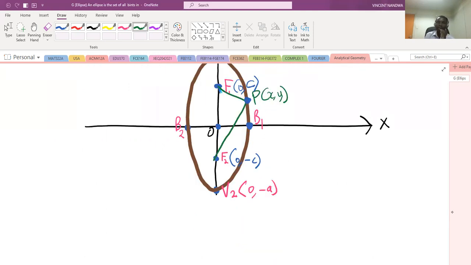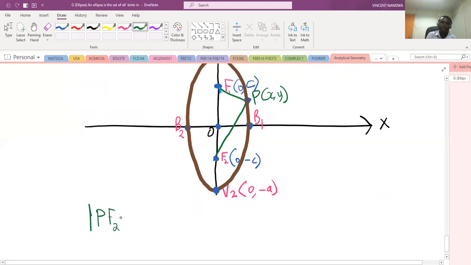From the definition of an ellipse, the ellipse is the set of all points in the plane such that the sum of the distances from every point on the curve to two fixed points called foci is constant. In the previous case, we saw how we find the value of the constant as 2a. So distance from P to F2 plus distance from P to F1 must give us a constant. This is by definition of what an ellipse is.